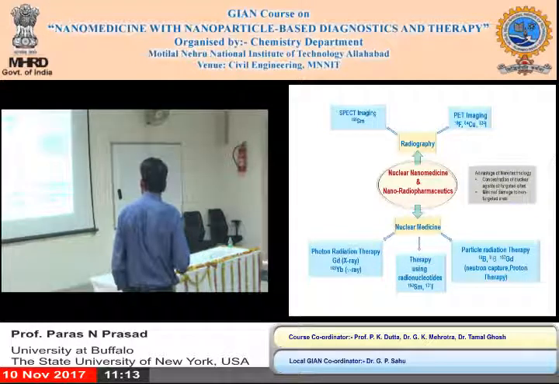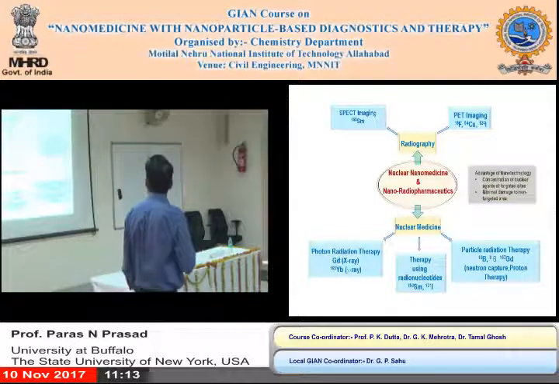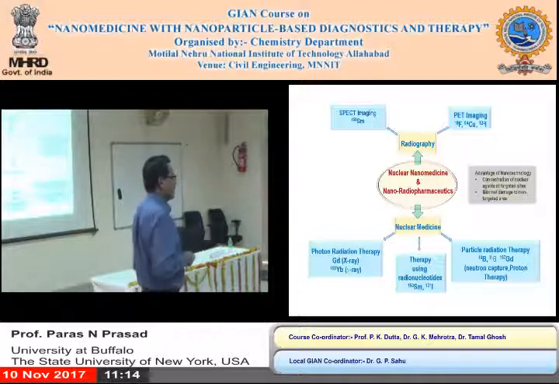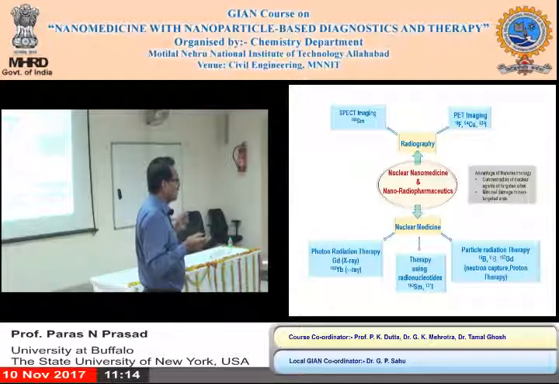Then the third one is using radionucleotide. So this is actually incorporating again a radioactive nucleus that is on site emitting beta ray, alpha ray, some of these high energy radiation, that can damage the cell. Okay?